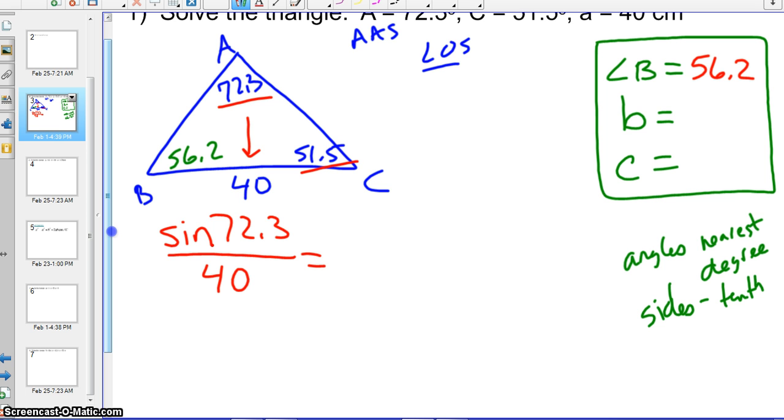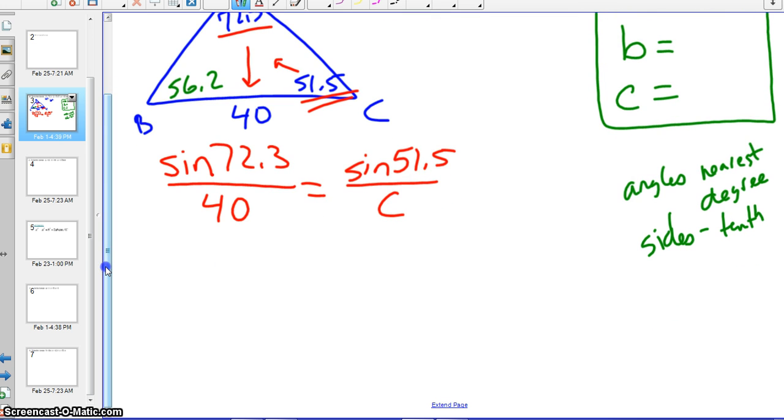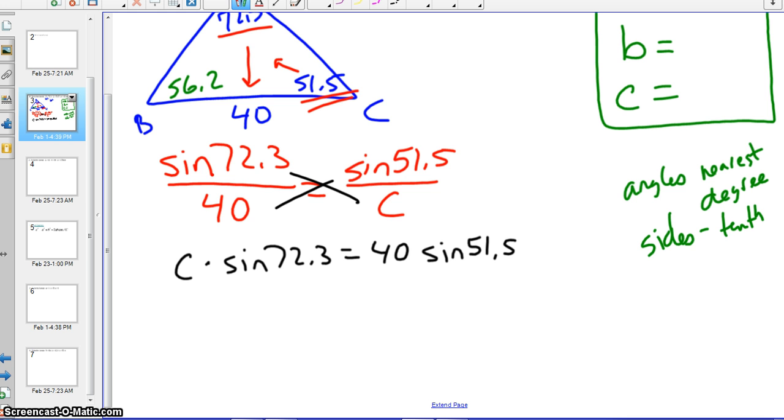If we pick angle C, sine of 51.5 over the side opposite, which we'll call side C. Now that we have our proportion set up, we're just going to cross multiply. So we get that side C times the sine of 72.3 is equal to 40 times the sine of 51.5.